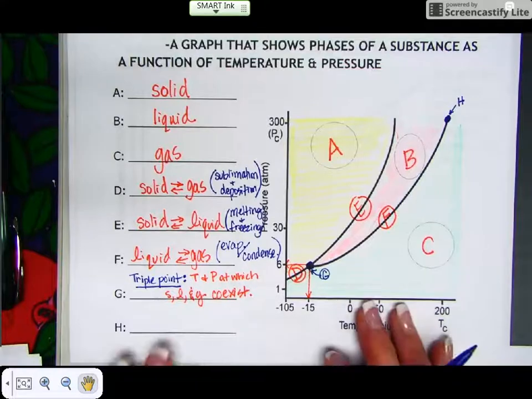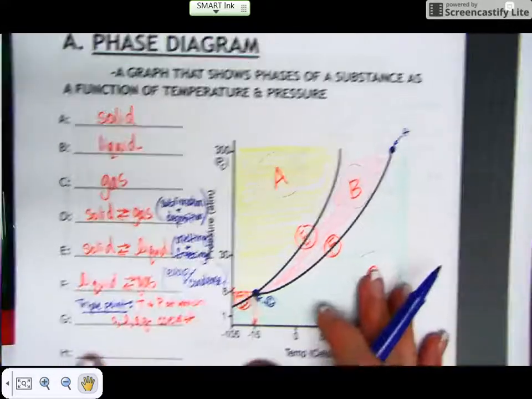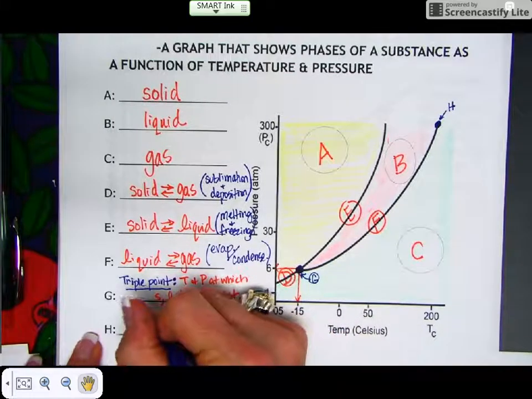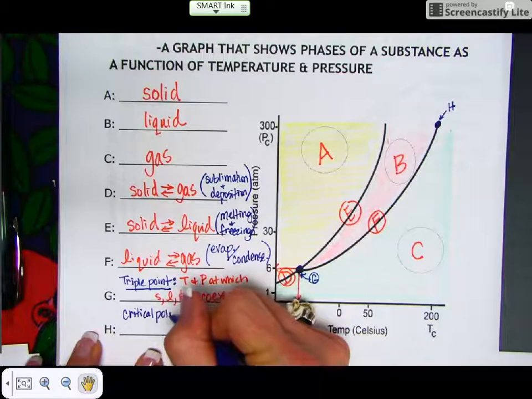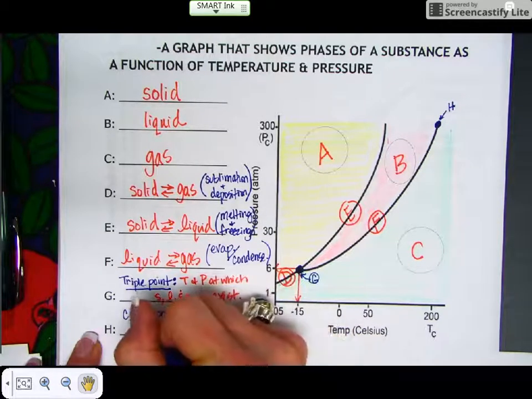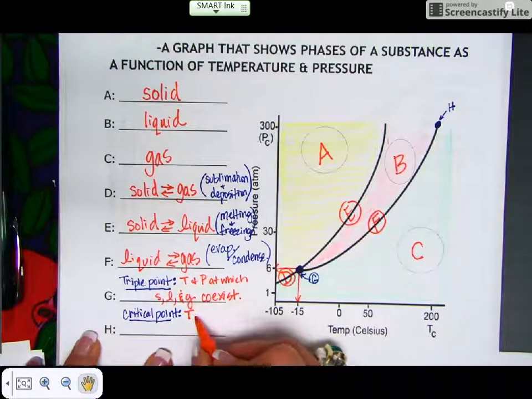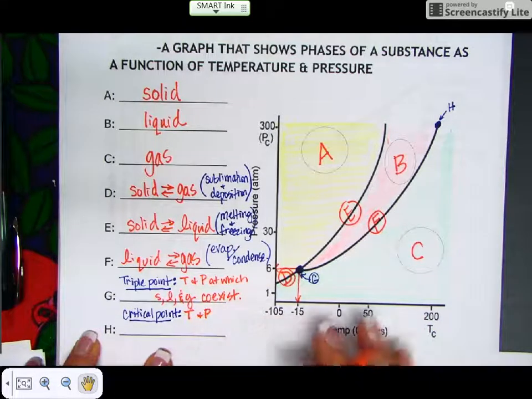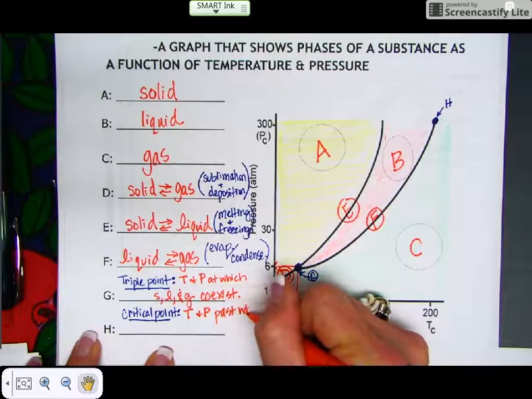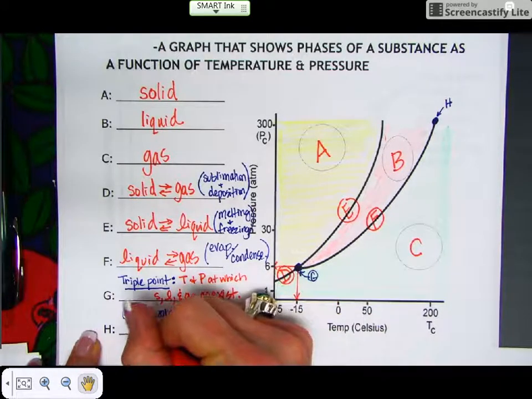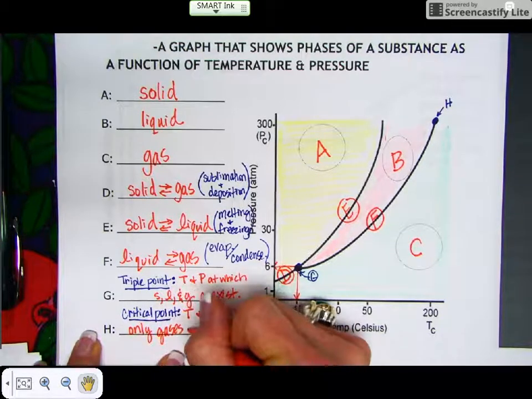Finally, the point that I labeled point H, way up here at the top, this is called the critical point. The critical point is defined as the temperature and pressure past which only gases exist.